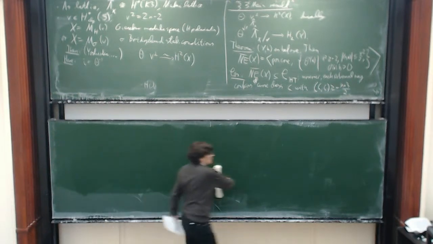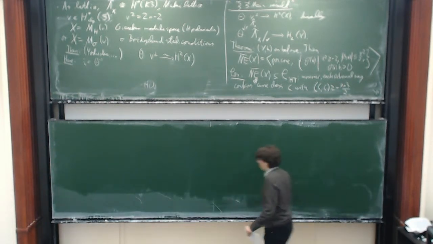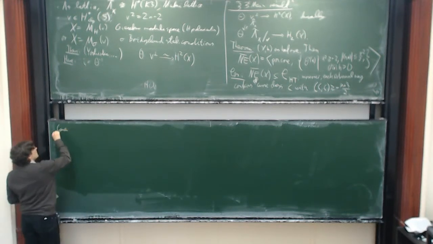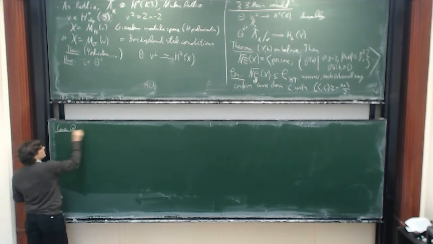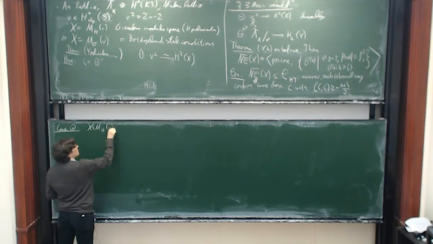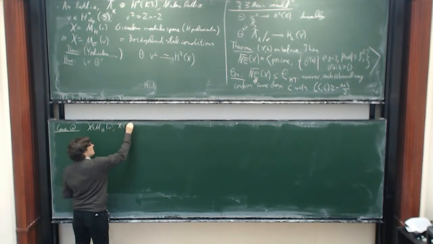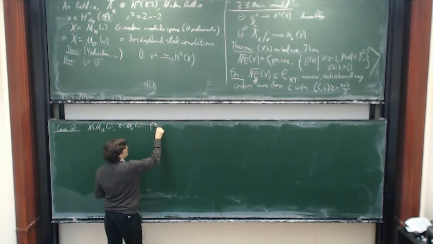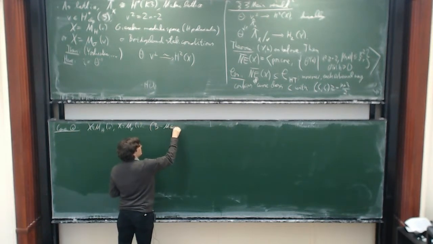So for the case where X is a Gieseker moduli space or a birational moduli space, this is due to my work with Emanuele and Macri. I'll say a little bit about this in a second.